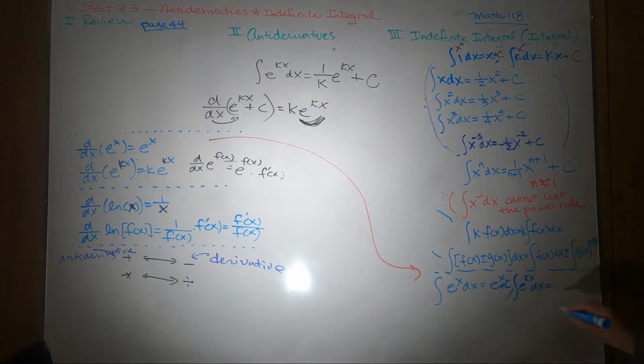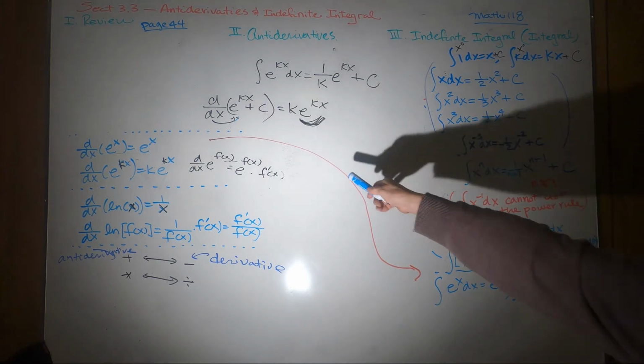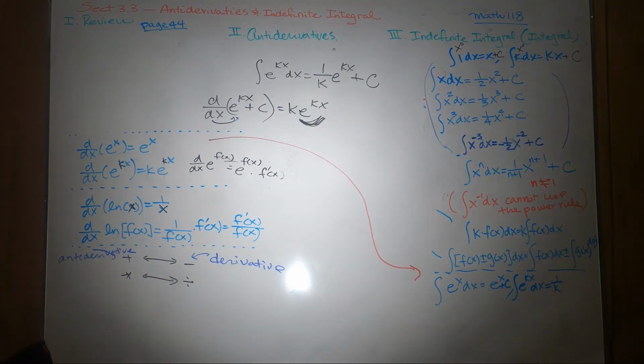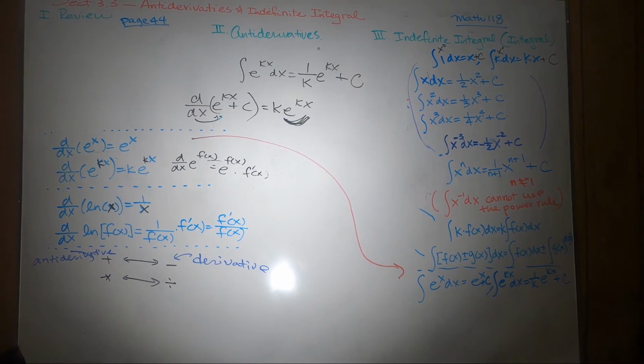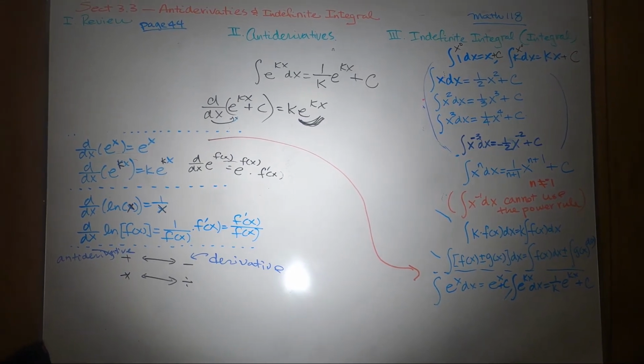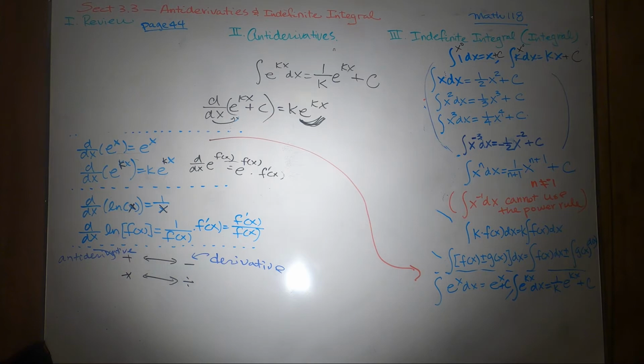Then I should divide by k instead of multiplying by k as for the derivative. Anti, I do the opposite. So 1 over k e to the kx power plus c. Okay? So that's our antiderivative for the exponential function.